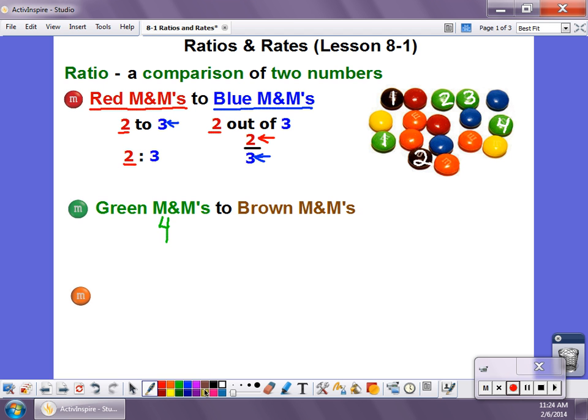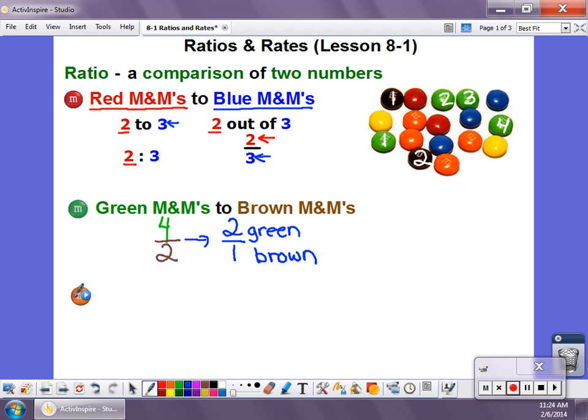If I were going to write this as a fraction, I would say it's 4 over 2. Now, when you're talking about ratios, you do simplify a ratio, but you're not going to change it from an improper fraction to a whole number or a mixed number. The reason is you want to still be able to see what you're comparing. You want to know that I have 2 green, but only 1 brown.